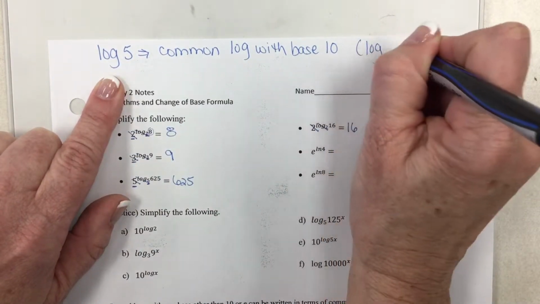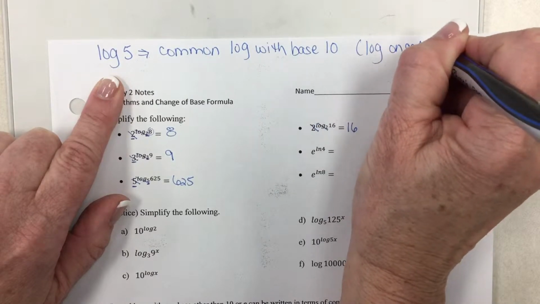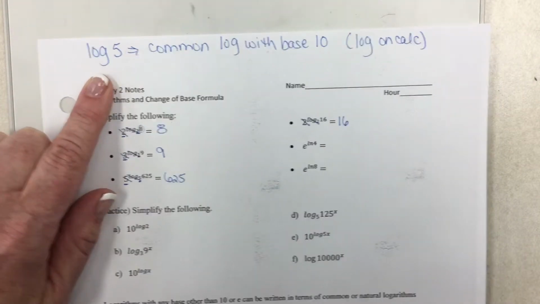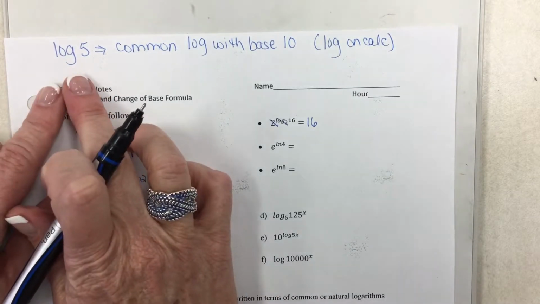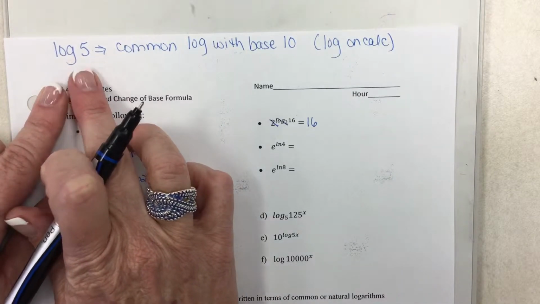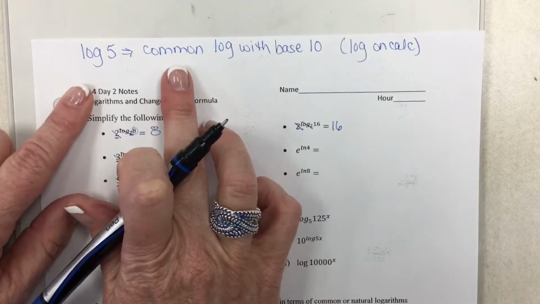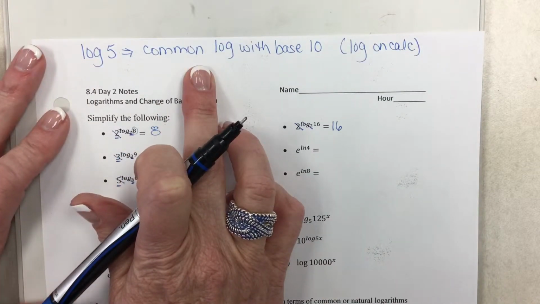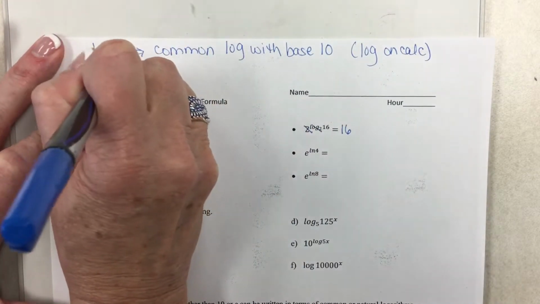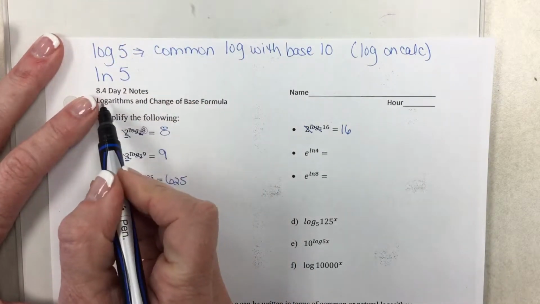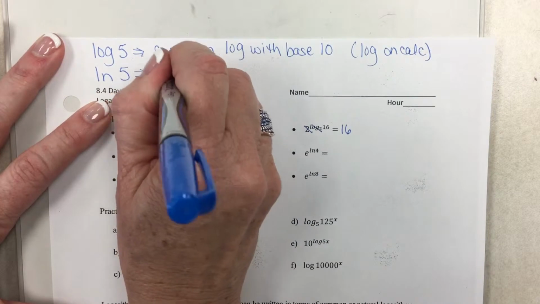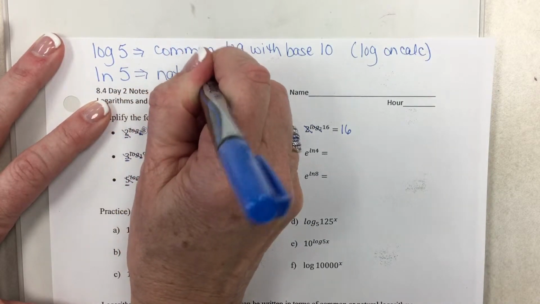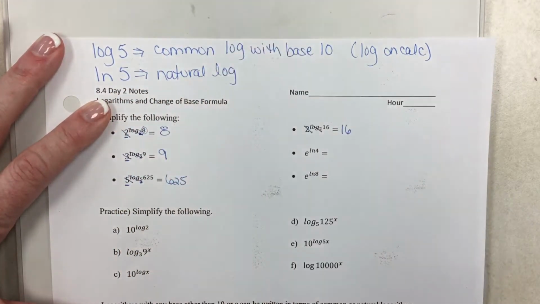That is the log on your calculator. When it's just log with no base, that's called a common log. Now, if we have ln 5, that is called a natural log.